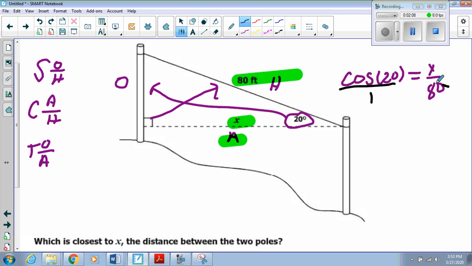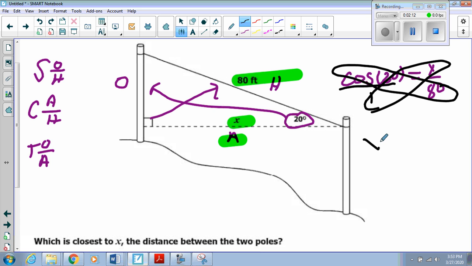So when we do, we'll get X equals 80 times the cosine of 20. Now remember, when we are going to our calculators, we have to make sure our calculator is indeed in degree mode. And I will show you how to do that. I'm going to actually pull up my calculator on my screen so you can see it. I'll also do an example on Desmos so you can see it there as well.